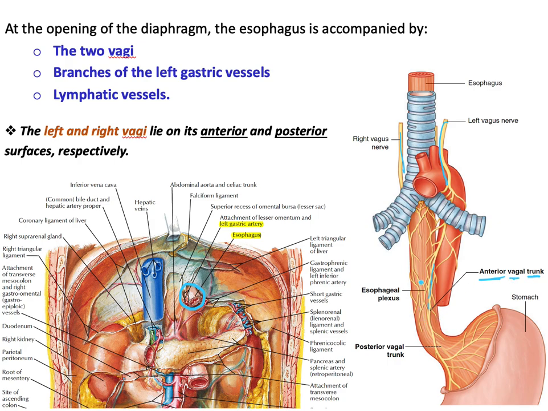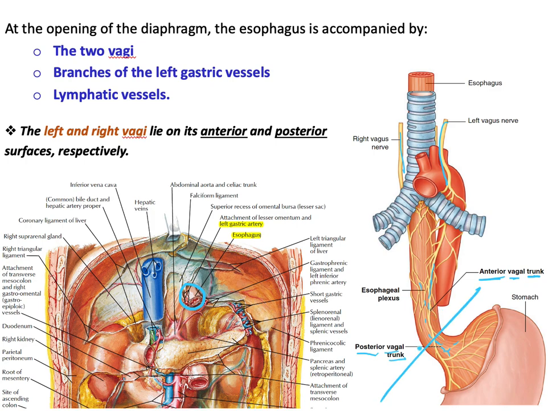While look at the shadow in the back here, look at the shadow for the right vagus. Because of the rotation of the stomach, now the right vagus, as you see here, is just a shadow because it's posterior now. So it's the posterior vagal trunk.